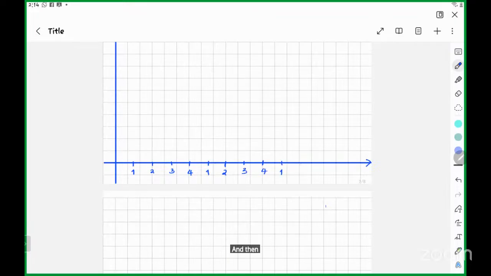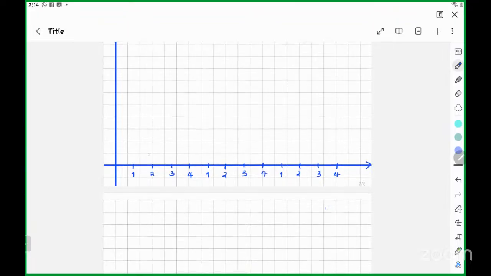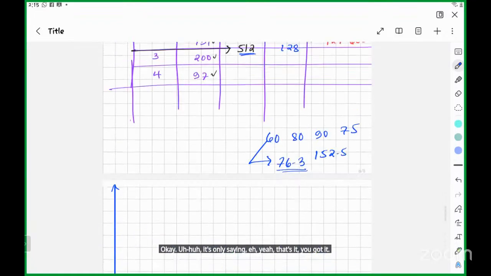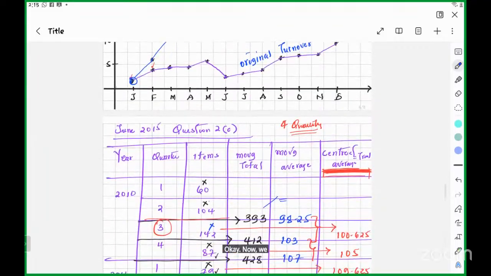And then 1, 2, 3, 4. Okay, so the years were 2010, 2011, and 2012. Okay. Someone is saying, hey, yeah, that's it. You got it. Okay. Now we come to the data set.